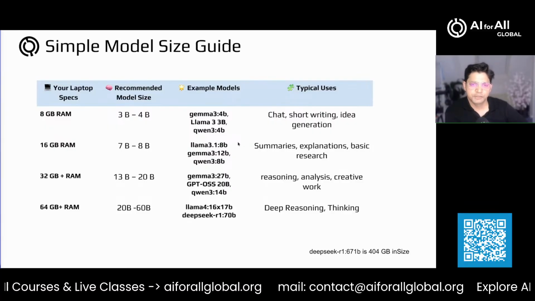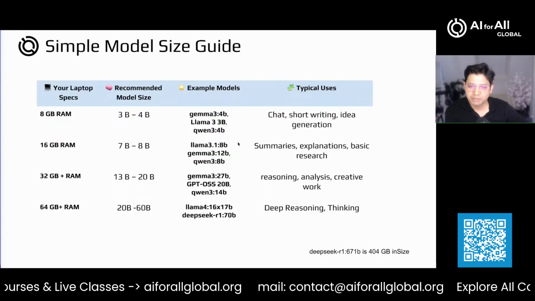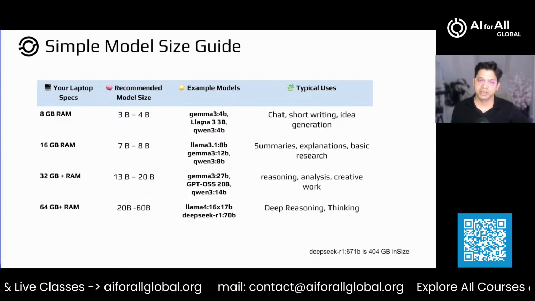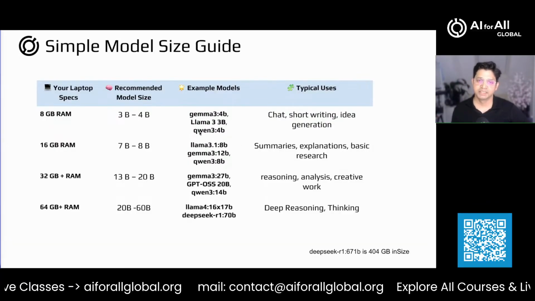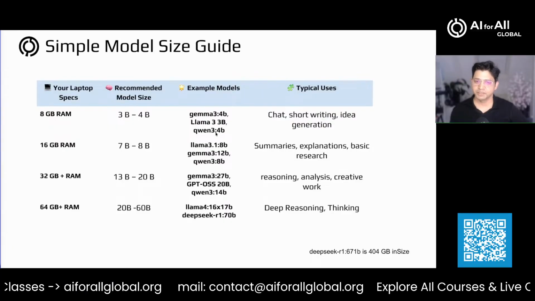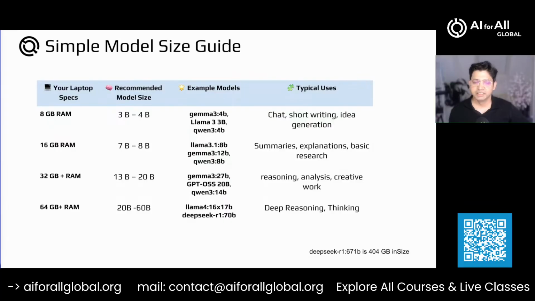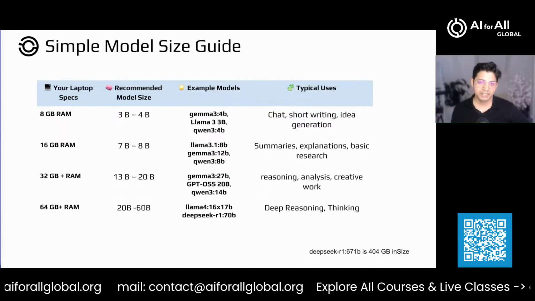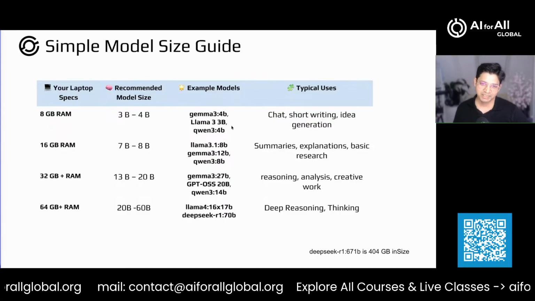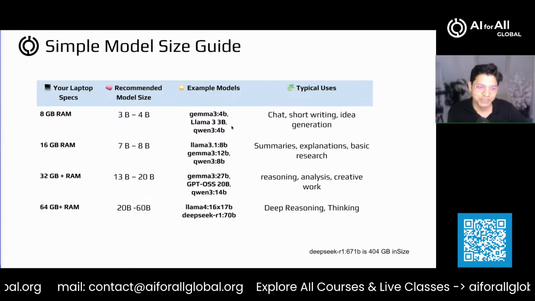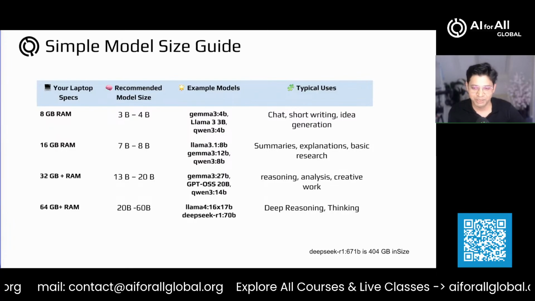So things like Gemma 3, Gemma is from Google, or Llama from Meta, Qwen from Alibaba. These models are good to run. And don't take me wrong, it does not mean they are poor. They are really good for many use cases, and we'll see some demos later on.